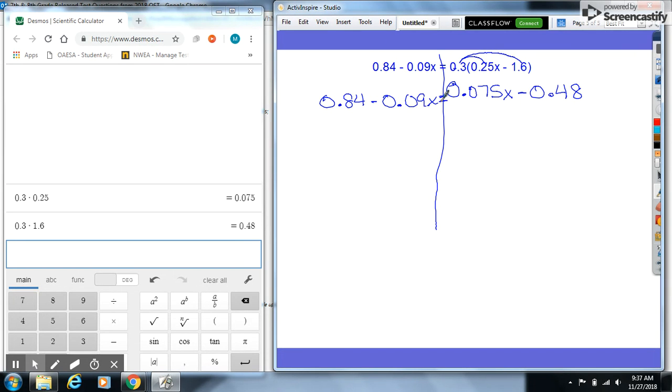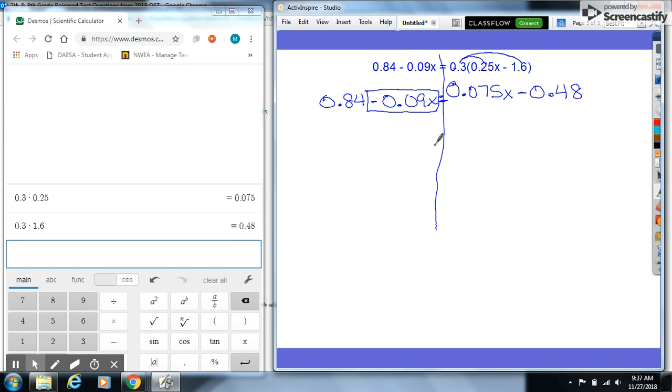Now, a lot of people get to this point and they want to start rearranging this equation because they don't like the way it's written, because they get stuck as to what they need to do. I have variables on both sides. Here's what I want you to pay attention to. This variable 0.075x is a positive number. This variable over here, the 0.09x, is actually a negative.